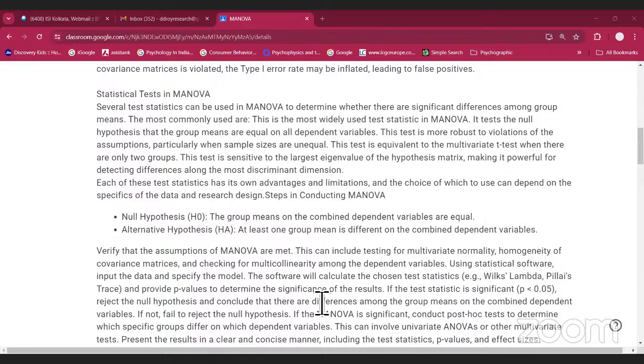Pillai's trace is not like that. For example, it is 0.05, or 0.24, or 0.34, whatever it might be. That means the differences are high, and the independent variable has more effect on the dependent variable. That is for Wilks lambda, but not for Pillai's trace or for other statistics.